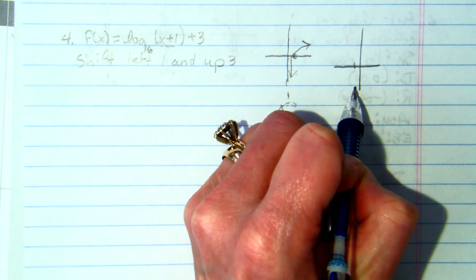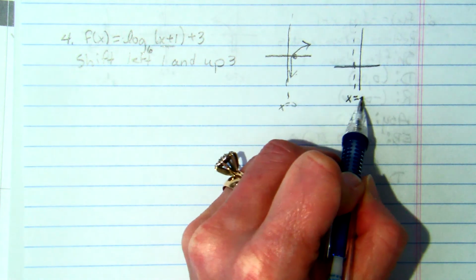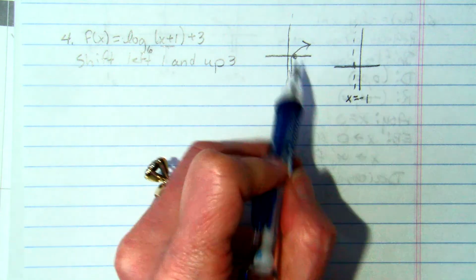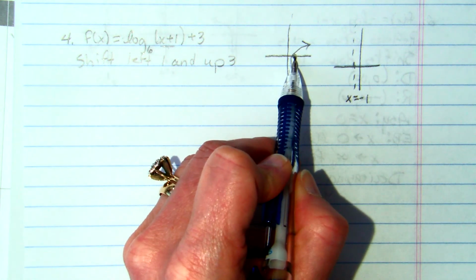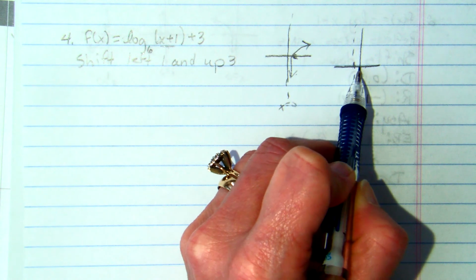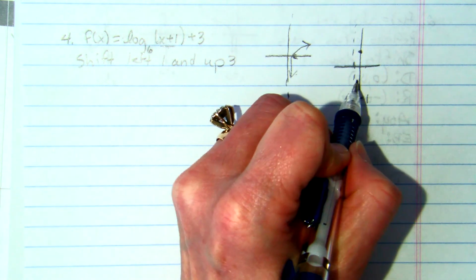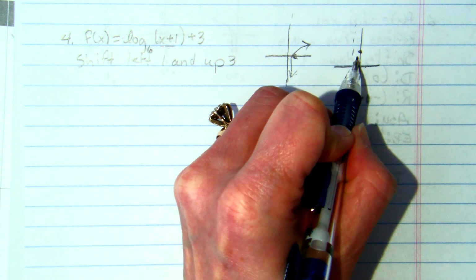So my new asymptote is now at x equals negative 1. This x-intercept is going to shift left 1. So I'm shifting from here, left 1 and up 1, 2, 3. And I know I'm swooping right up against my asymptote and swooping out.